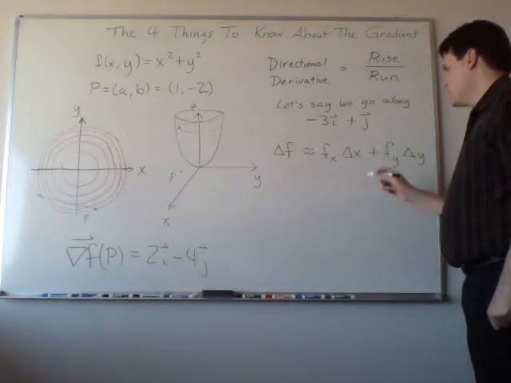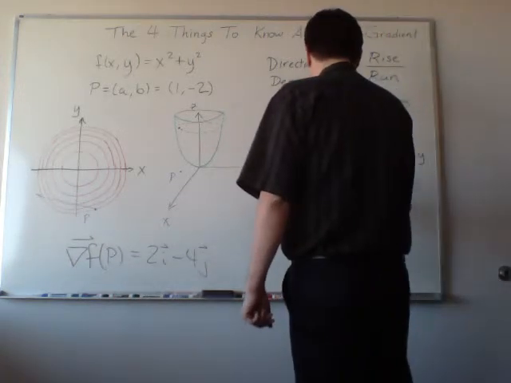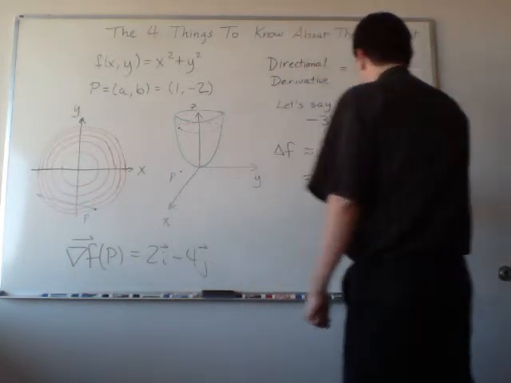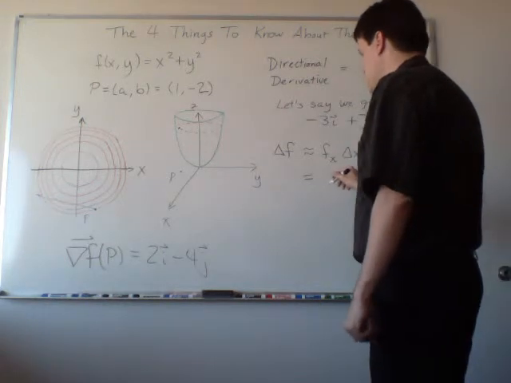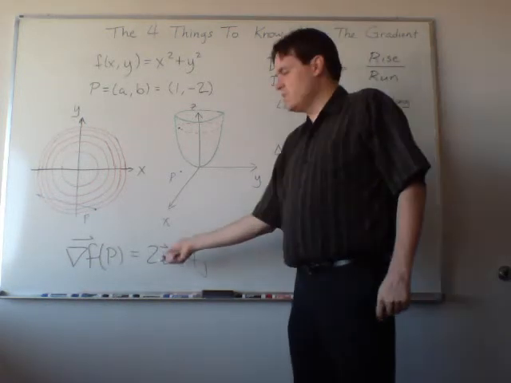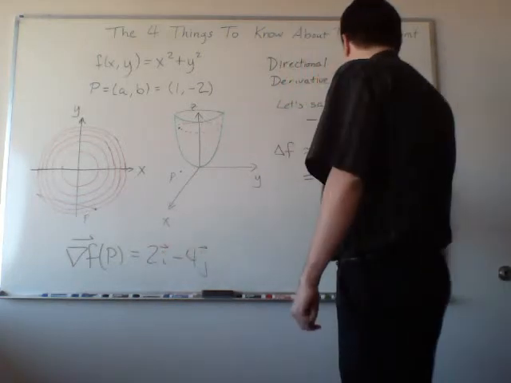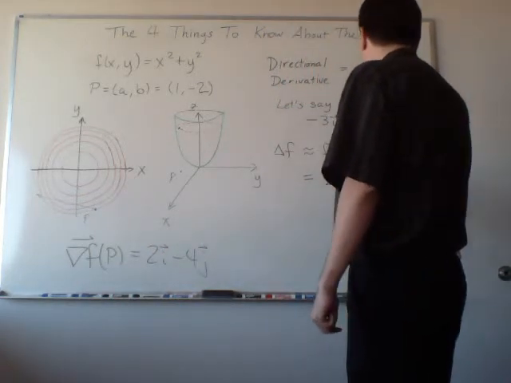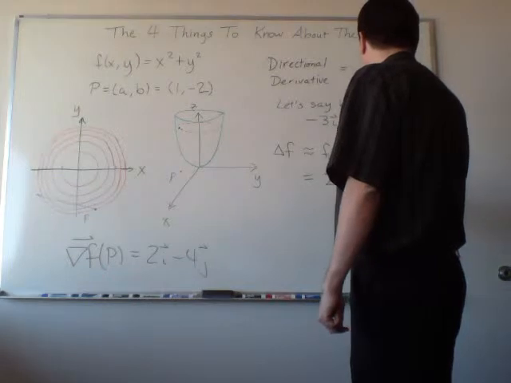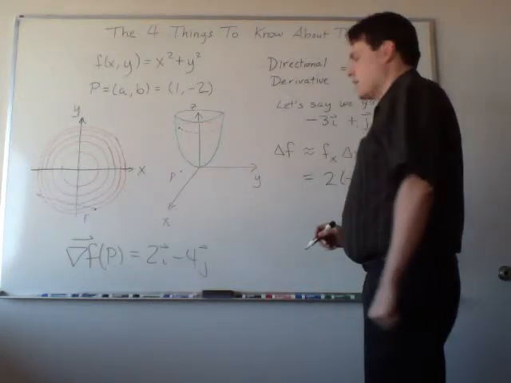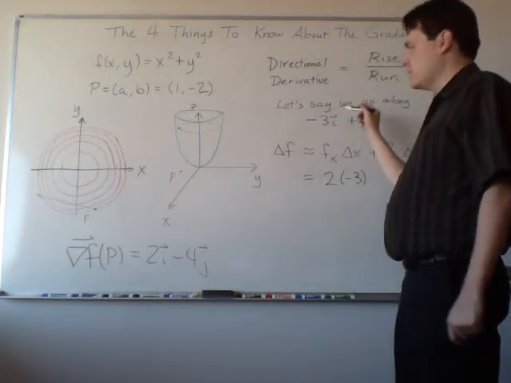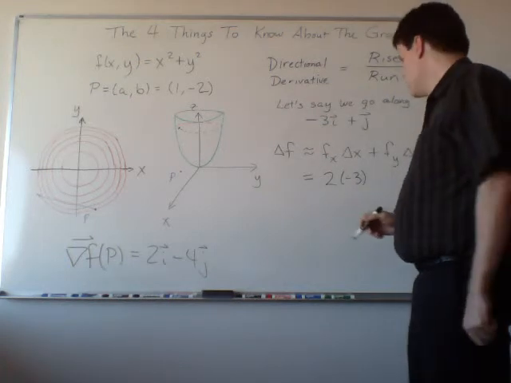Okay, so for us, this is going to be equal to partial with respect to x, which can be gotten from this gradient here. We calculated it earlier. The partial with respect to x is 2, times the change in x, which is negative 3, because I'm traveling minus 3 units in the x direction.